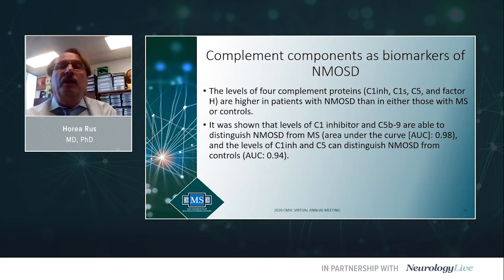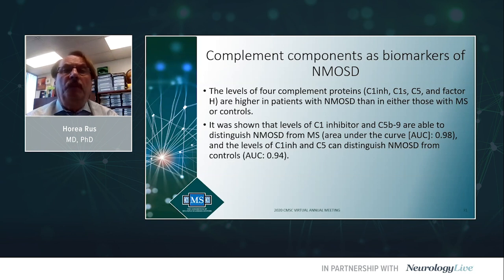Even though I haven't talked much about it, neuromyelitis optica spectrum disorder is a disease in which complement activation plays an important role in the pathogenesis.